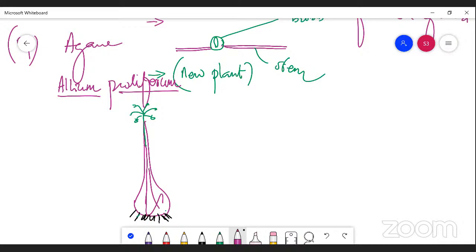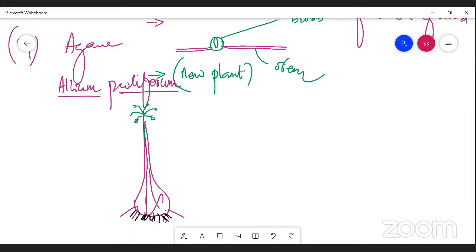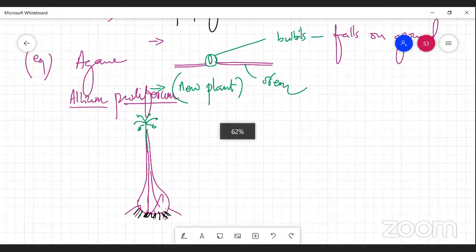In Allium proliferum, you can see bulbils. This is a special type of bud that arises directly from the main axis of the plant, as in Allium proliferum and the agave plant. So this is simply something about types of buds. I repeat once again, buds and types of buds.